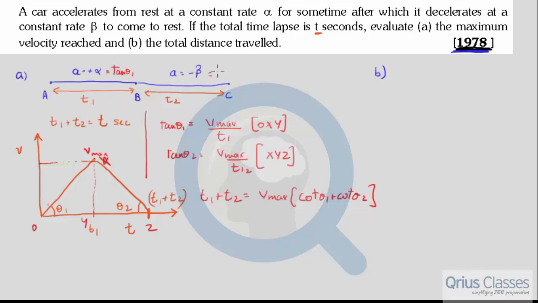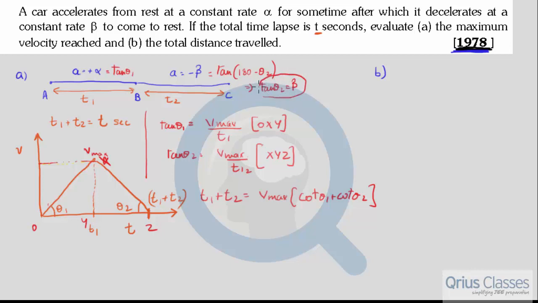Similarly, a is equal to minus beta, which is also equal to the tangent of the slope in the interval t2, which is tangent of 180 minus theta 2. This implies that tan theta 2 is equal to beta.